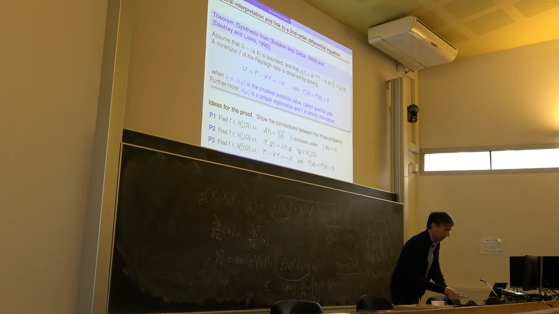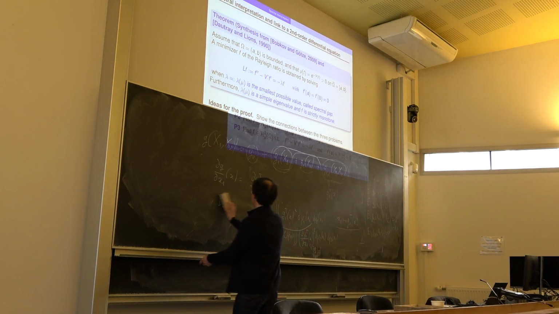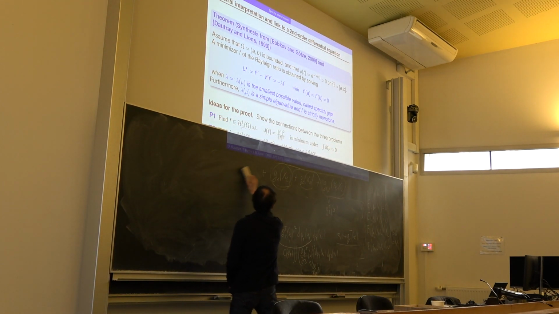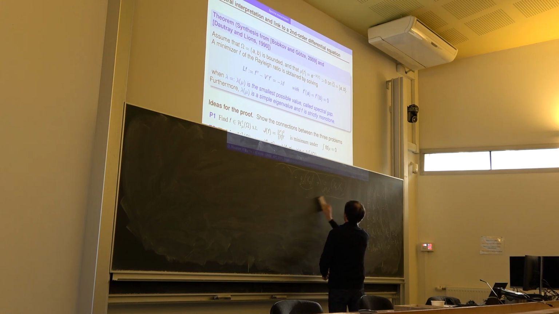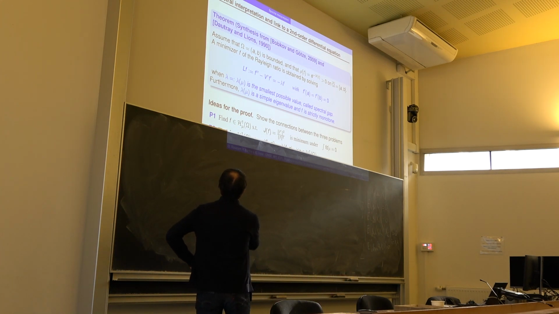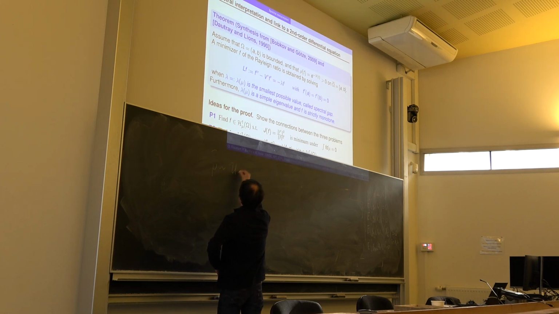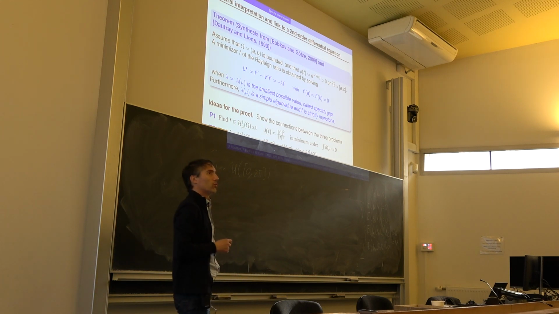Maybe we can do together a small computation to know how we can compute this. Okay, imagine that mu is a uniform distribution on the interval 0 to pi.